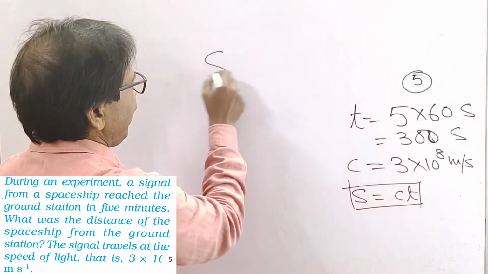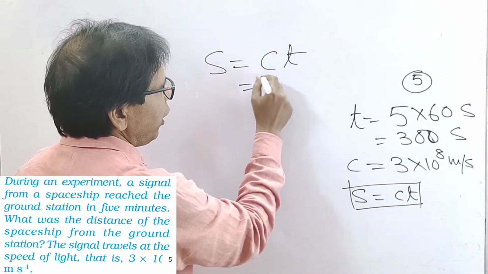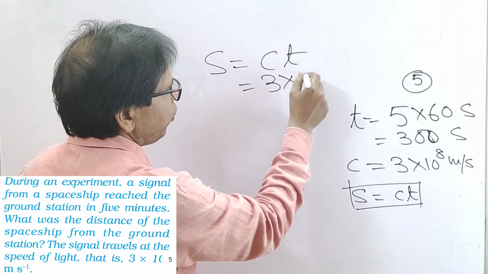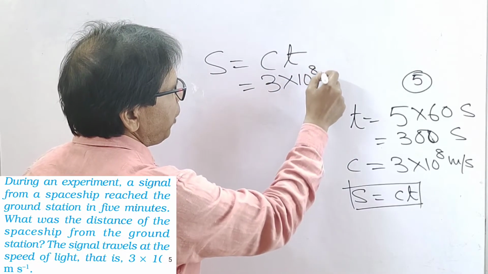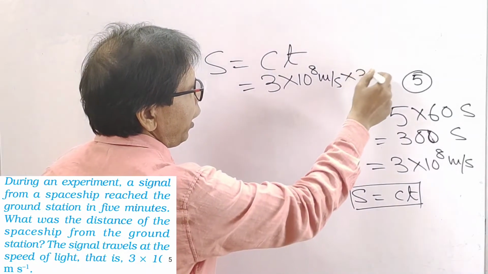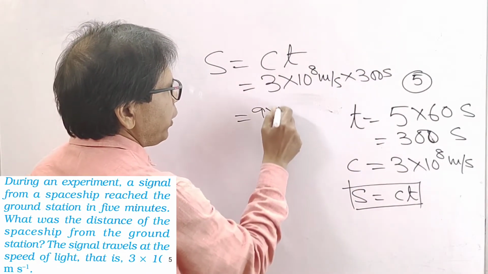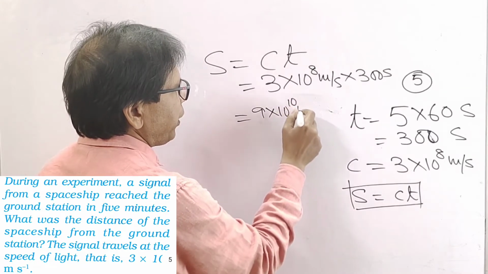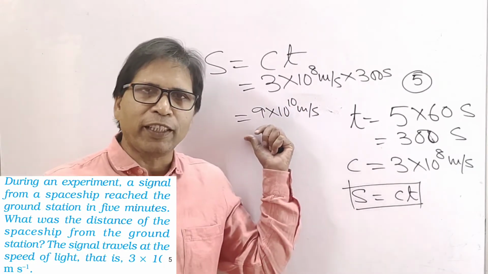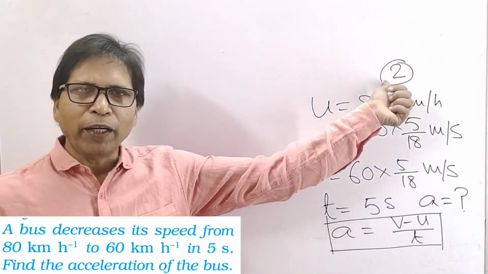Therefore S equal to C into T. C is 3 into 10 to the power 8 meter per second into 300 second. So this is 9 into 10 to the power 10 meter, the distance of spaceship from the earth surface.